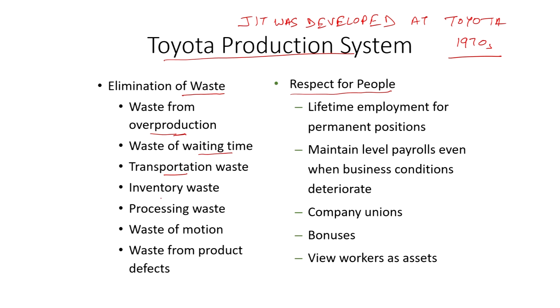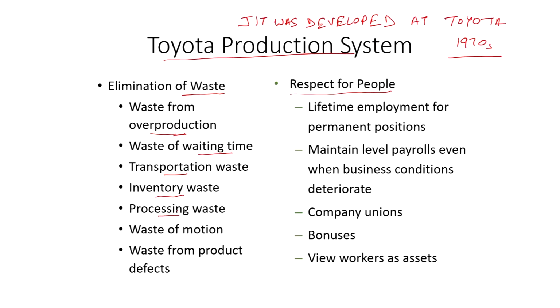Then there is storage of material, inventory, all types of inventory is a waste. Then the processing waste can be there, your processes are too fast, the processes are highly variable, that is also a kind of waste. Then waste of motion also, additional motion involved, additional movements required, additional steps required in performing a task is also a waste. And obviously, if the defective products are produced, that itself is a waste.